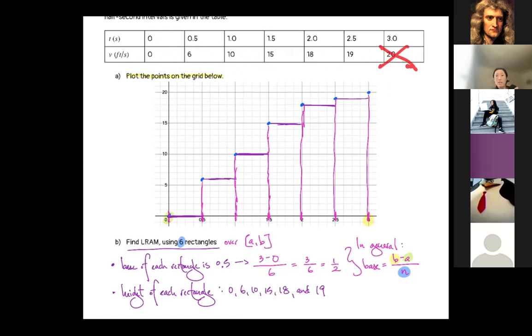Okay. This is actually an important generalization here. If someone asks you to find the left approximation, one way you can think about it is you're going to use all of the y values except the last one. In other words, you pick the left x values. You do not pick the last one though, okay? So we use all of the left values, which means that we leave out the one at the very right.